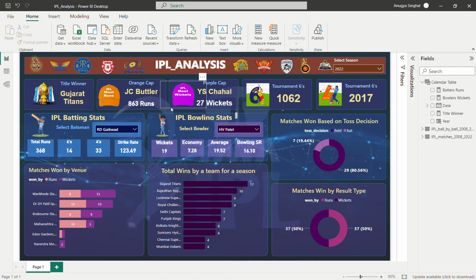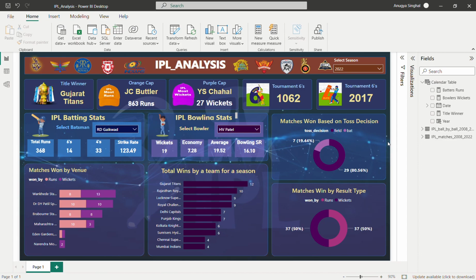So he is the successful player in the year of 2022 with the highest runs. And if we are talking about the all-time IPL seasons, the Orange Cap title is won by Virat Kohli, and the Purple Cap title is won by DJ Bravo. So this is the analysis of the successful teams and successful players in terms of the year 2022 and the year of 2021.